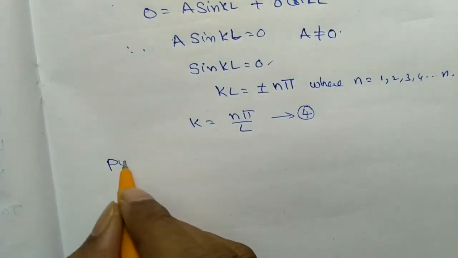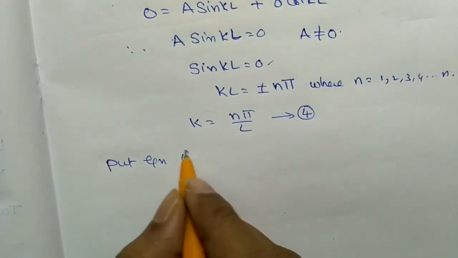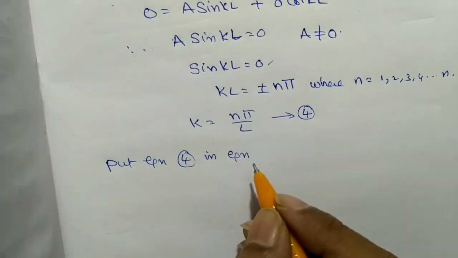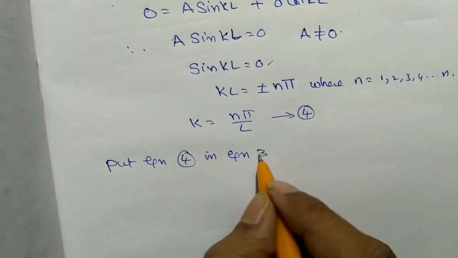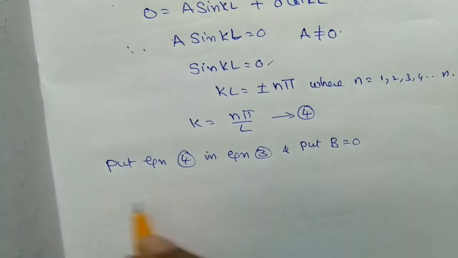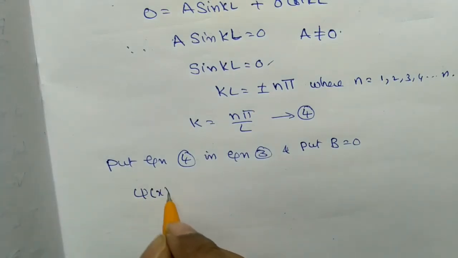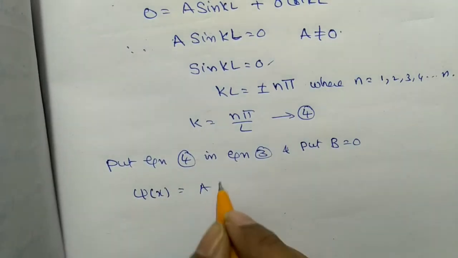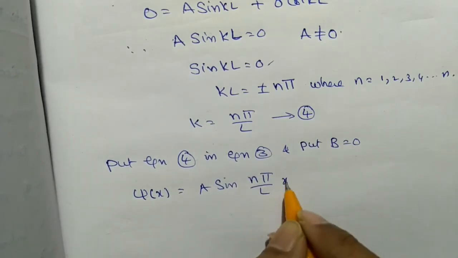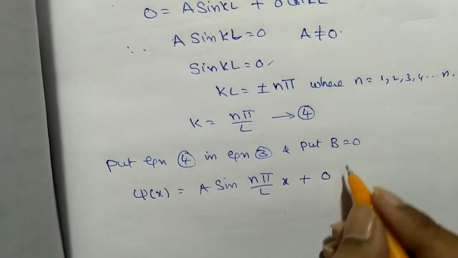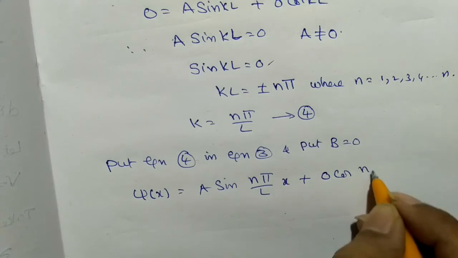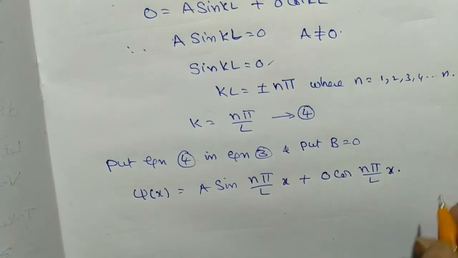Put equation 4 in equation 3 and put b is equal to 0. Then psi of x is equal to a sin n pi by L into x plus 0 in the position of b cos n pi by L into x.